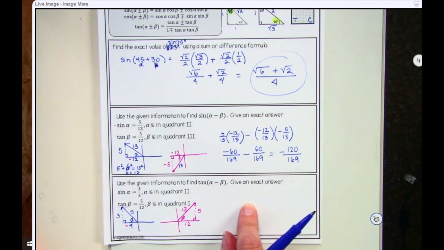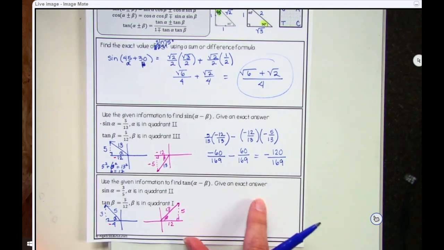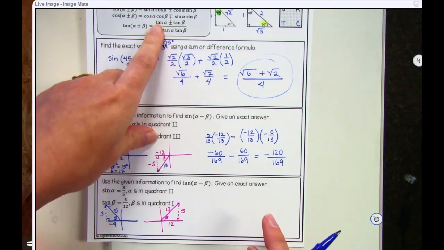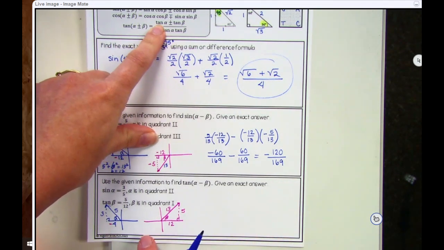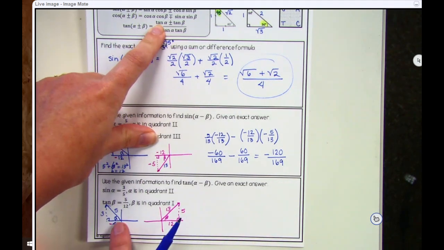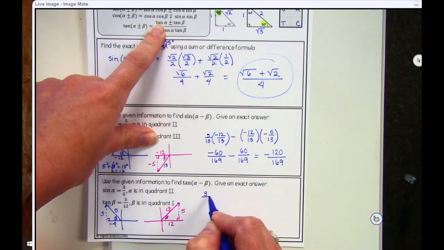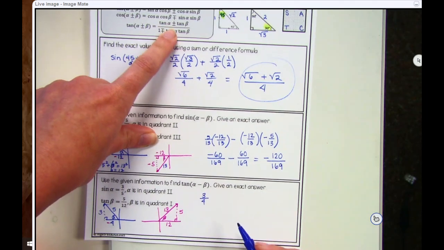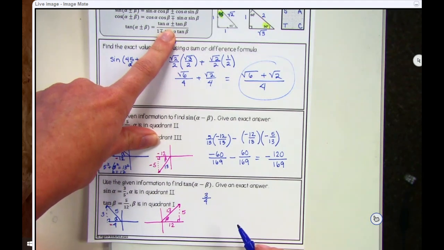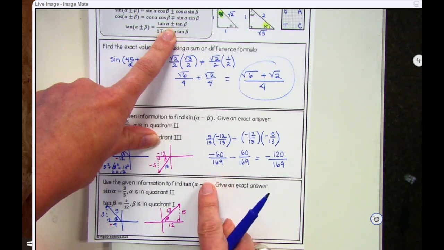Zoom out so we can see that formula, and then I'll zoom back in when we're calculating. All right. It says tangent of alpha. Tangent of alpha. 3 over 4. And are we adding or subtracting? Adding. And what are we doing? 1.